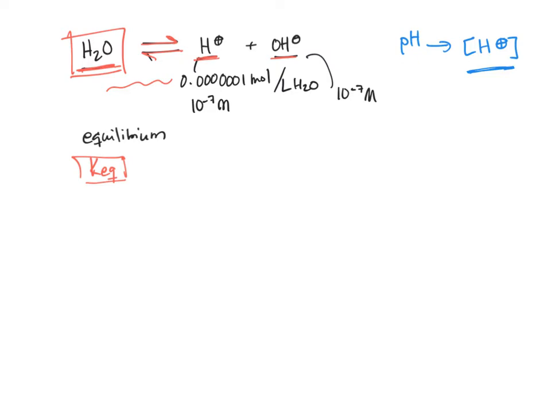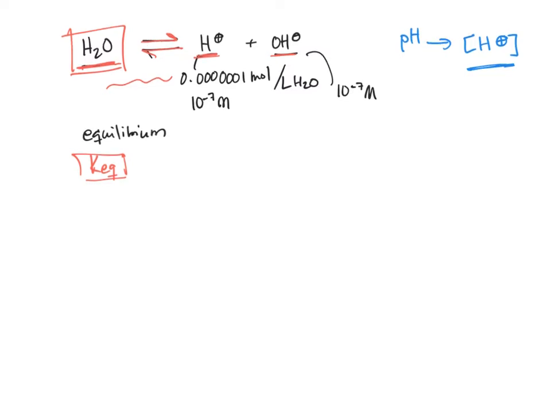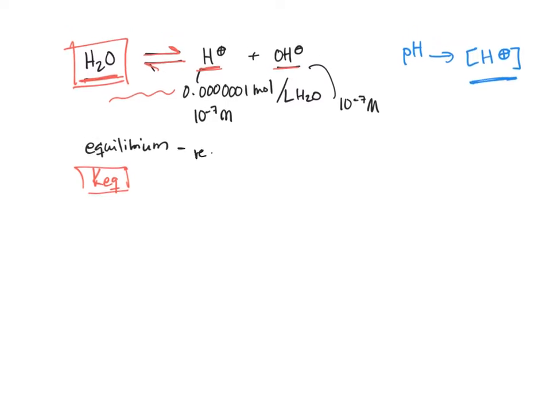Keq tells us the relative amounts of each component, that is the reactants and the products, their relative amounts at equilibrium. Keq tells us at equilibrium what are the relative amounts of the reactants and the products.